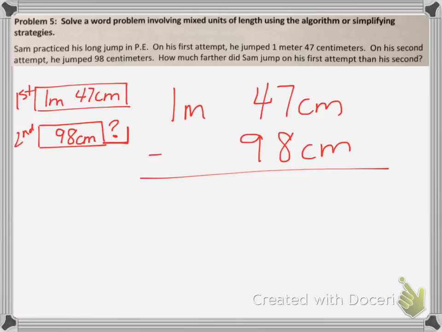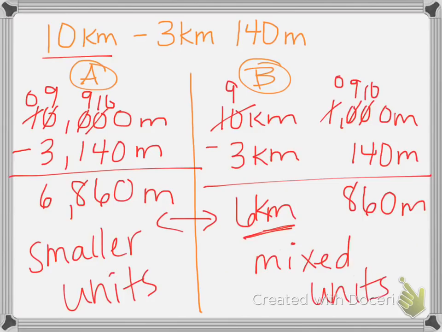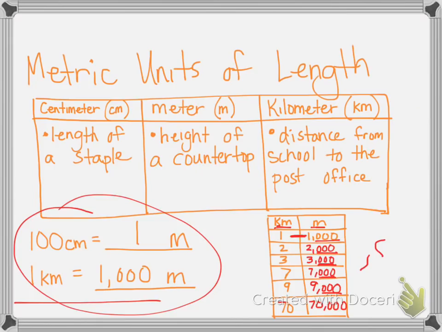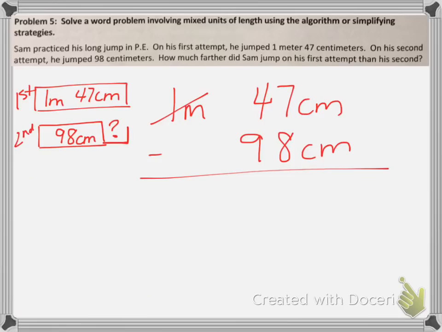I can't subtract 98 from 47. So what I'm going to do is I'm going to cross that meter off. And if you remember back to the beginning, that 1 meter equals 100 centimeters. I'm going to have to add that 100 centimeters that I'm exchanging it for to 47. So it will turn into 147 centimeters.